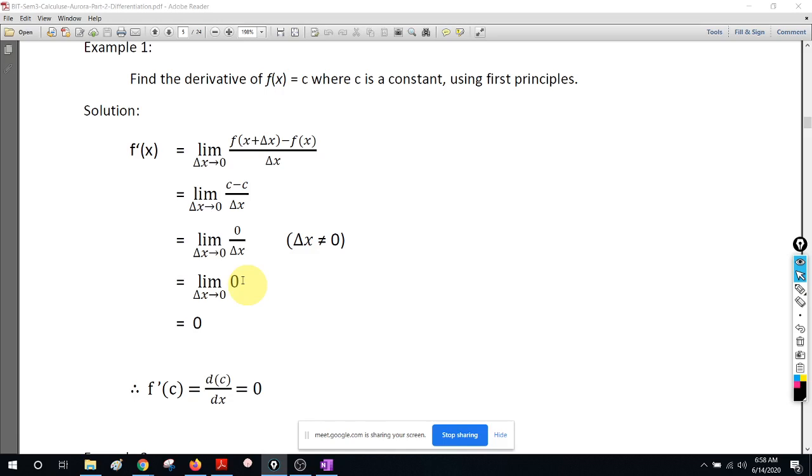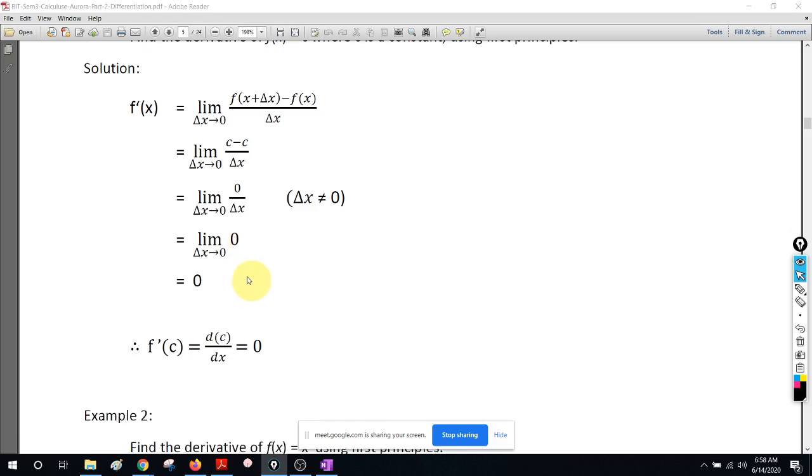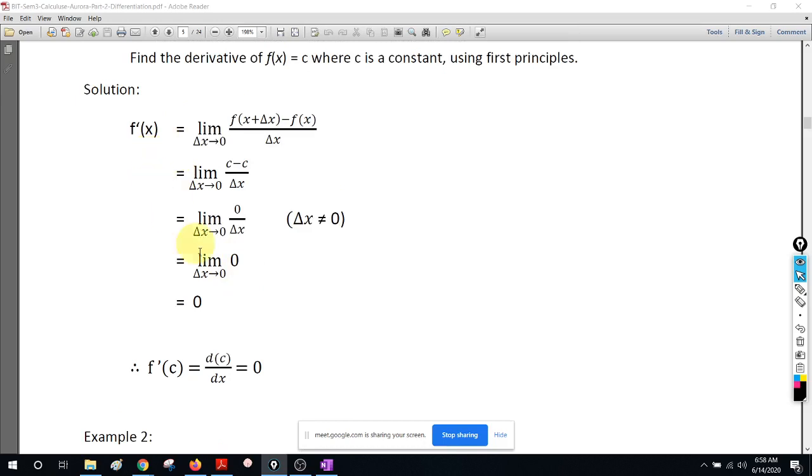So we found that if f(x) is c, then f dash x is 0. That is where you found your first derivative. That is, we say d by dx of f(x), if it is a constant c or k, f dash x is equal to 0.